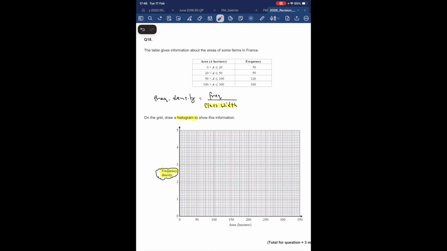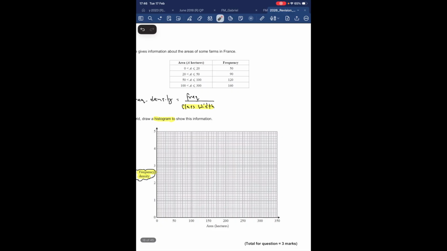These are the groups that have been used to construct the frequency table. The class width refers to how wide the interval is. It's the difference between 20 and 0, which is 20, the difference between 50 and 20, which is 30, the difference between 100 and 50, which is 50. Just be careful, the class width is not the midpoint.